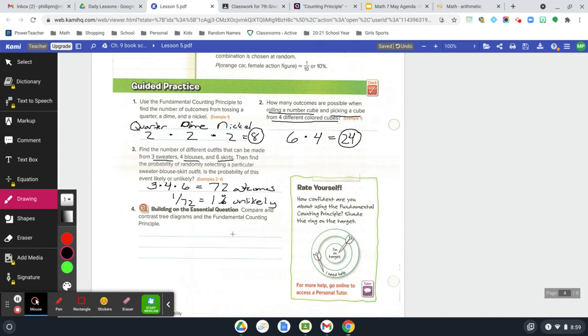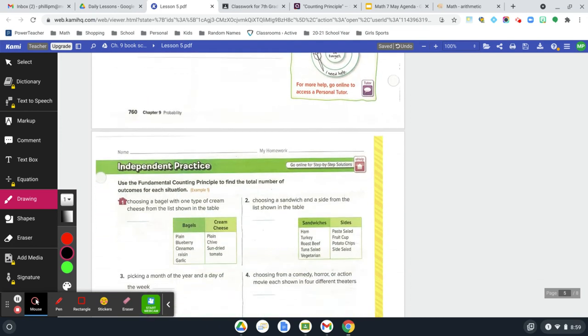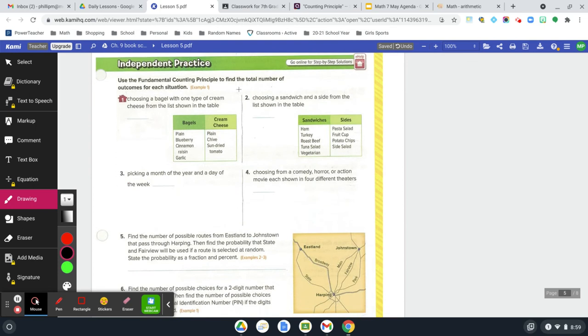So I'm going to have you try a couple. You're going to look at guided practice on page 761, and you're going to use the counting principle. Don't do any tree diagrams. I want you to focus on understanding with this counting principle that you're going to use multiplication here.